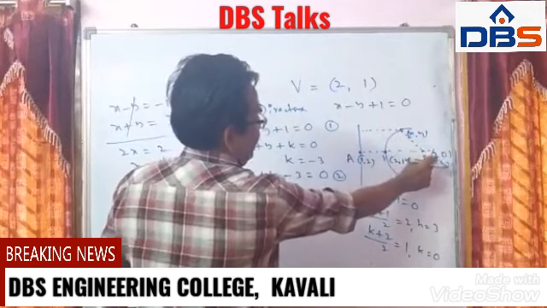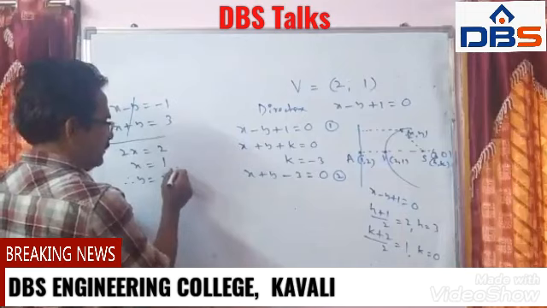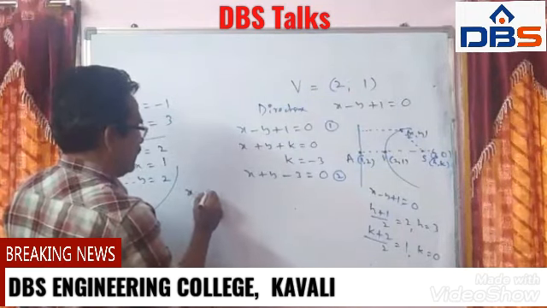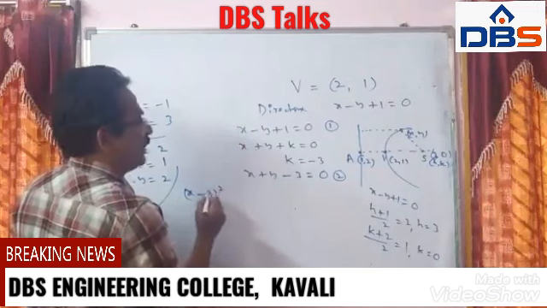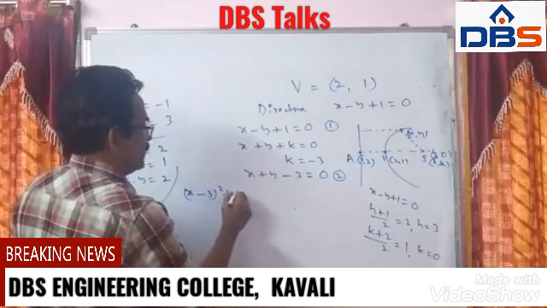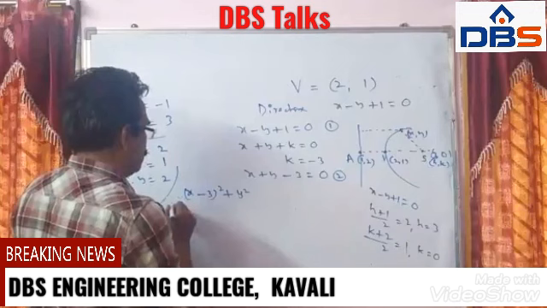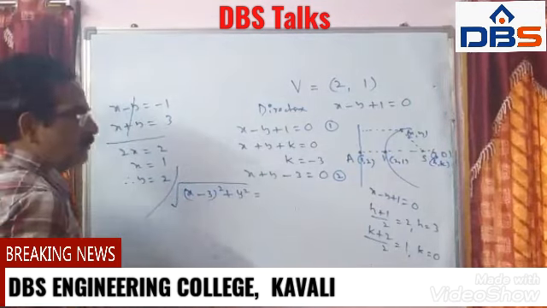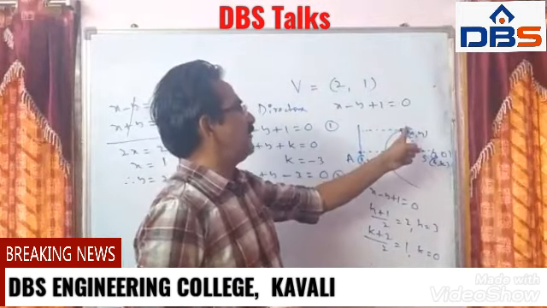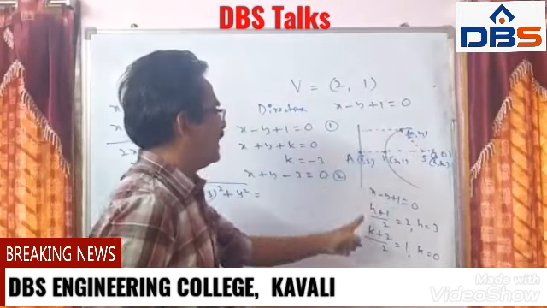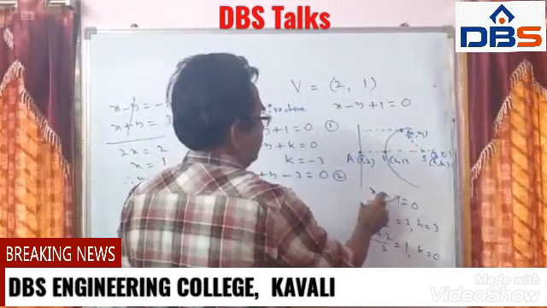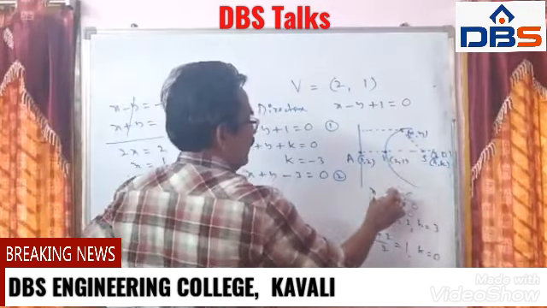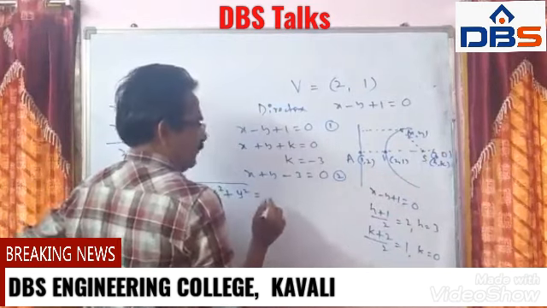The distance between x, y and 3 comma 0 is the square root of x minus 3 whole square plus y square. This is equal to the distance between x, y and the line x minus y plus 1 is equal to 0, friends.